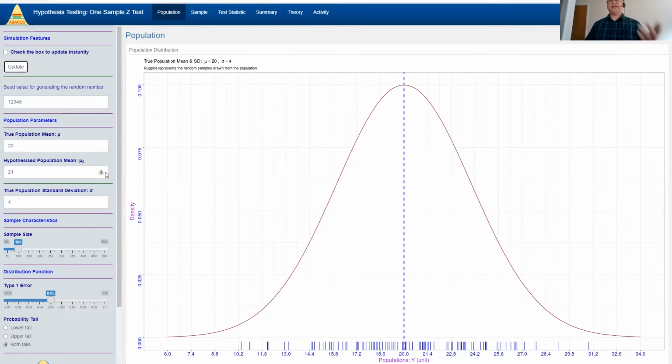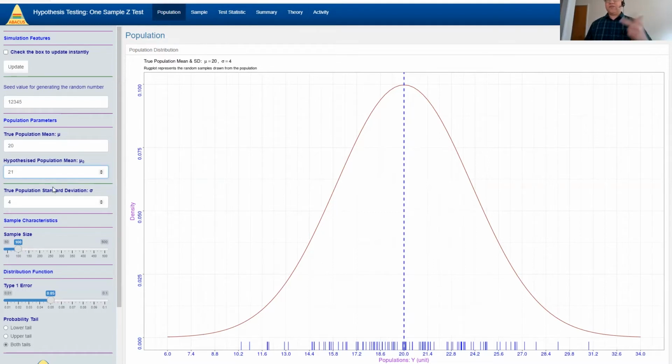I can set it at any other value, 22 or 23, whatever I like, but let's say 21. And in this scenario, of course, I know the true population mean. So our first step is our parameter of interest, the population mean mu. Second step is the hypothesized value that we set here at 21.